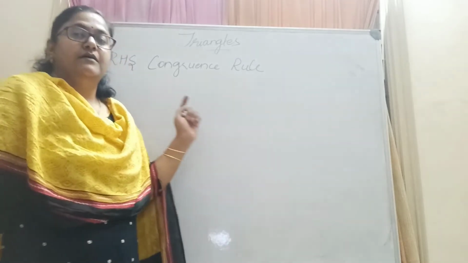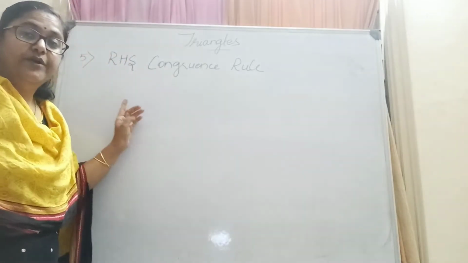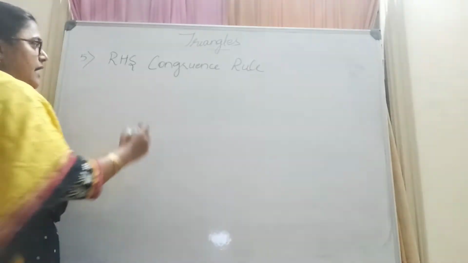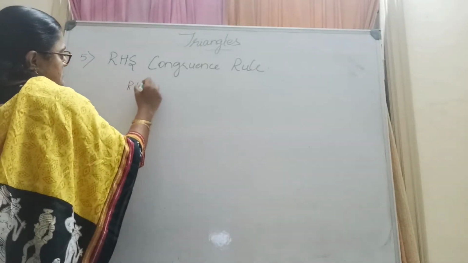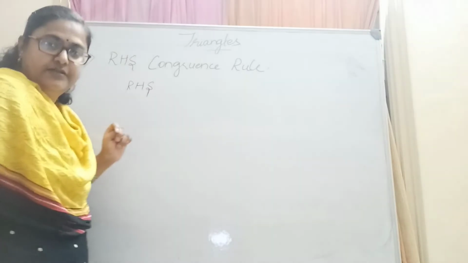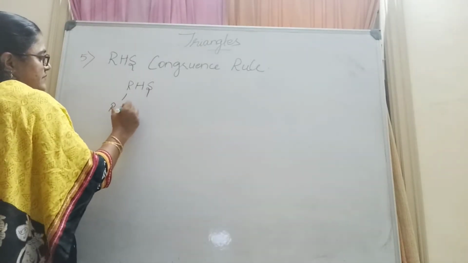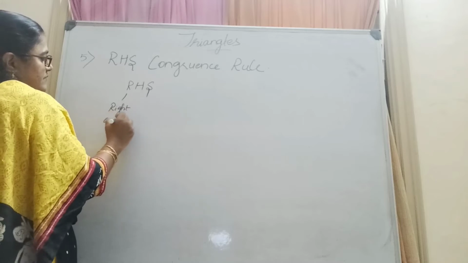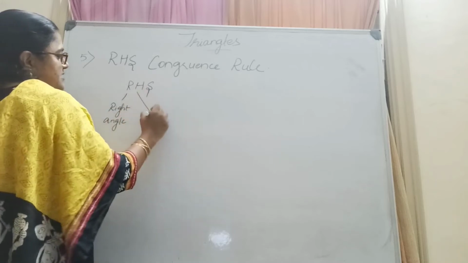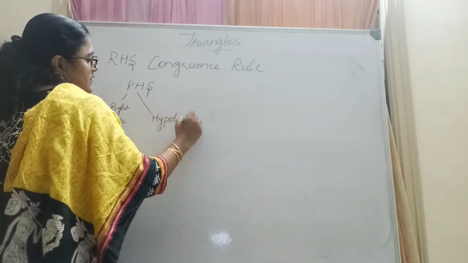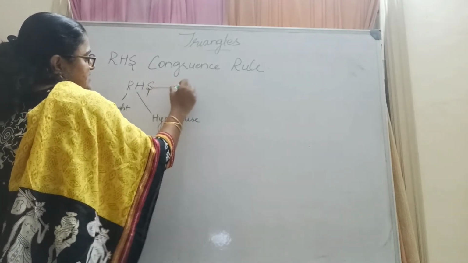The next and the final rule which we are going to learn today is RHS congruence rule. I told you what this RHS is in the beginning of the session. R stands for right angle, H stands for hypotenuse, and S stands for side.